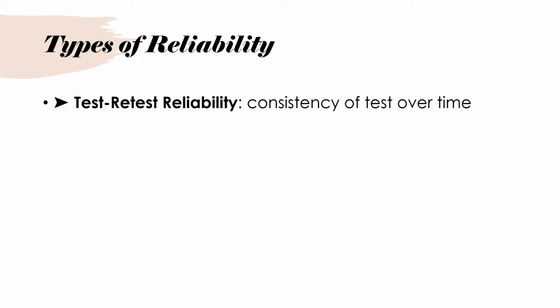For example, if I wanted to test the test-retest reliability of an anxiety measure, I would not want to give the anxiety measure the first time, then give an anxiety intervention for a month, and then use the anxiety measure again and correlate those two, because you have that intervention, and you hope that they'll improve in their anxiety as a result of that intervention.